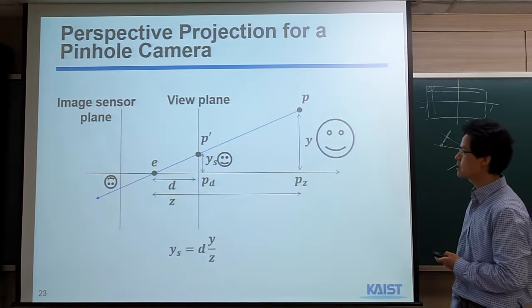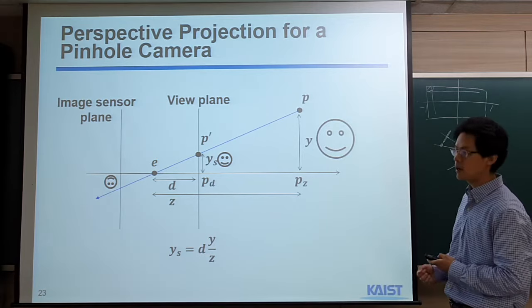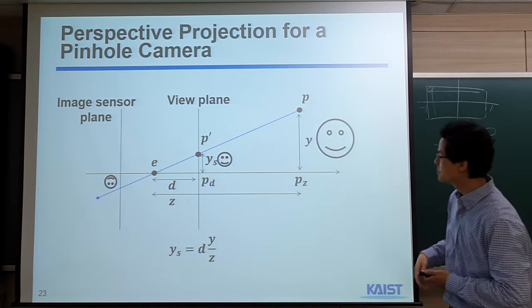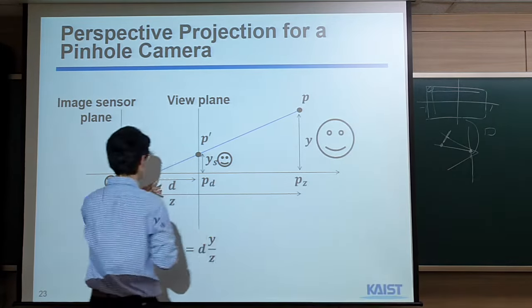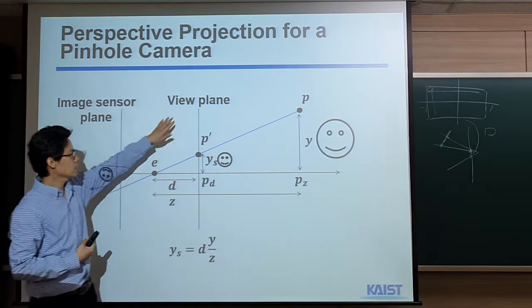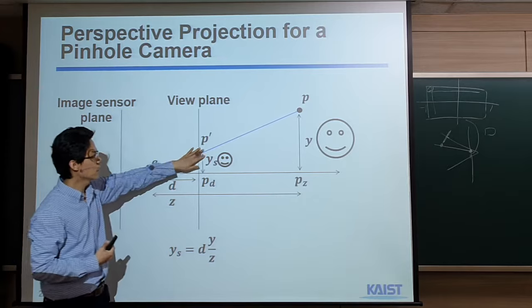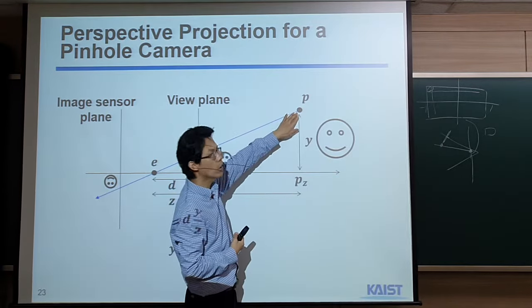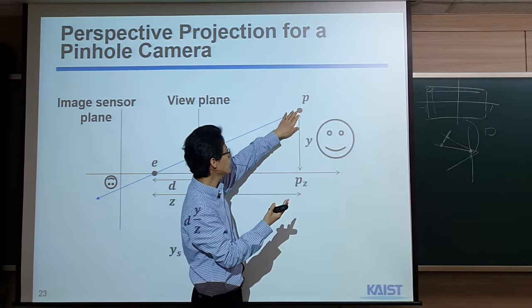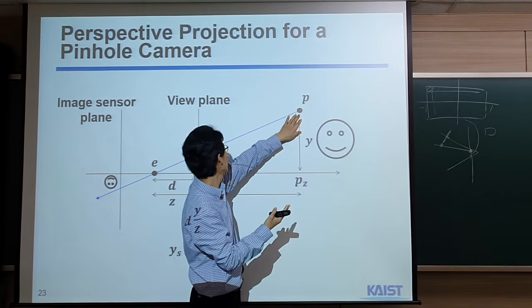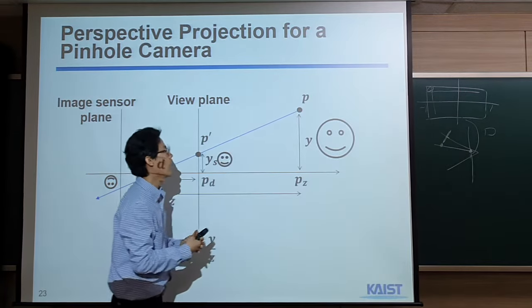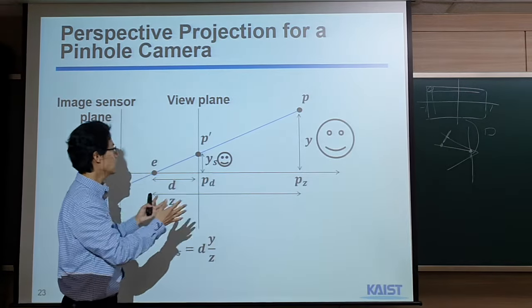Now our question is how can you do that? Here I'm showing an illustration. Let me explain. This E is the camera origin, and this is the view plane. This is some point P in the world space, and now I want to compute its projection.